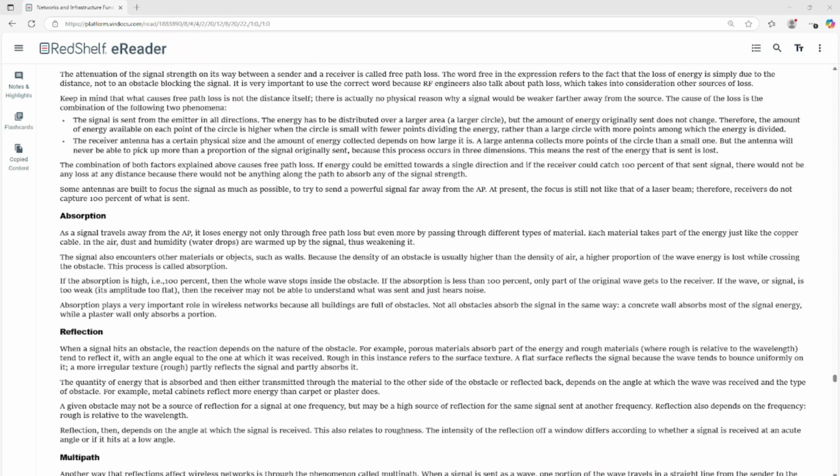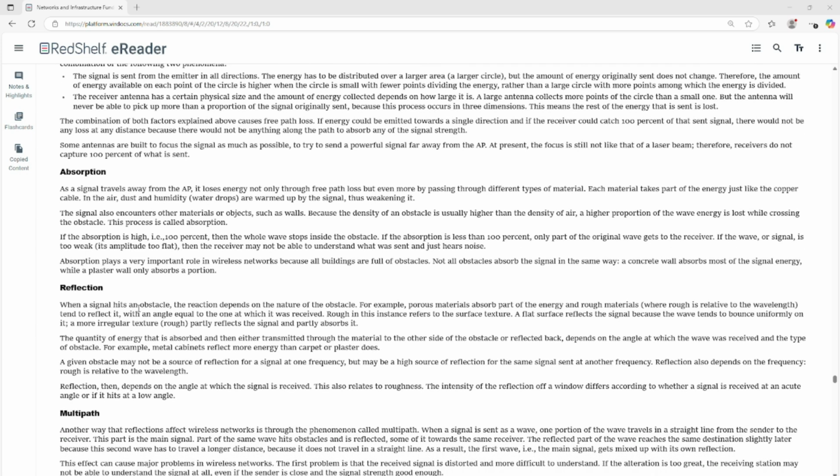Absorption is when a signal travels away from the access point, but doesn't lose the signal in the air as in free path loss; it loses it through passing through different types of material, like trying to go through a thick wall. That's where absorption comes in. Reflection is when a signal hits an obstacle.